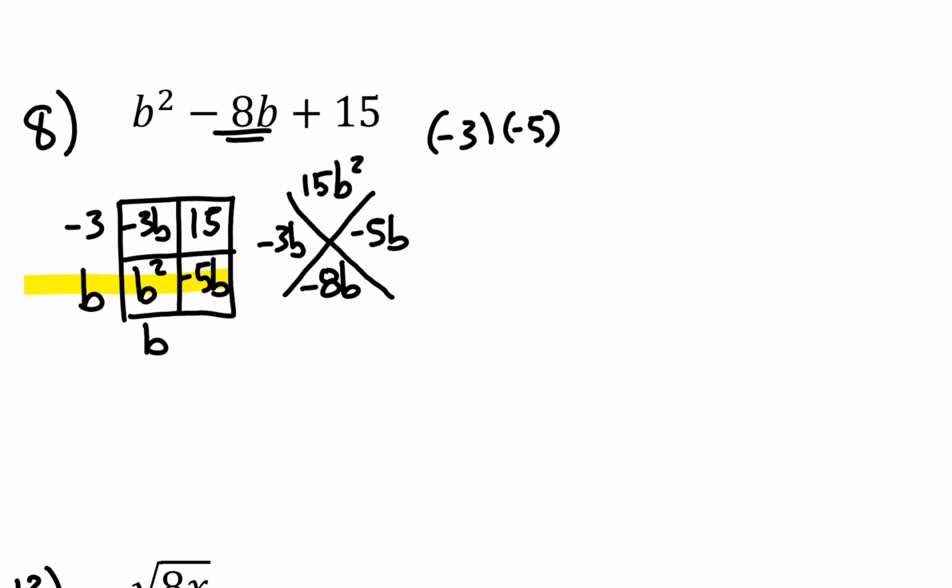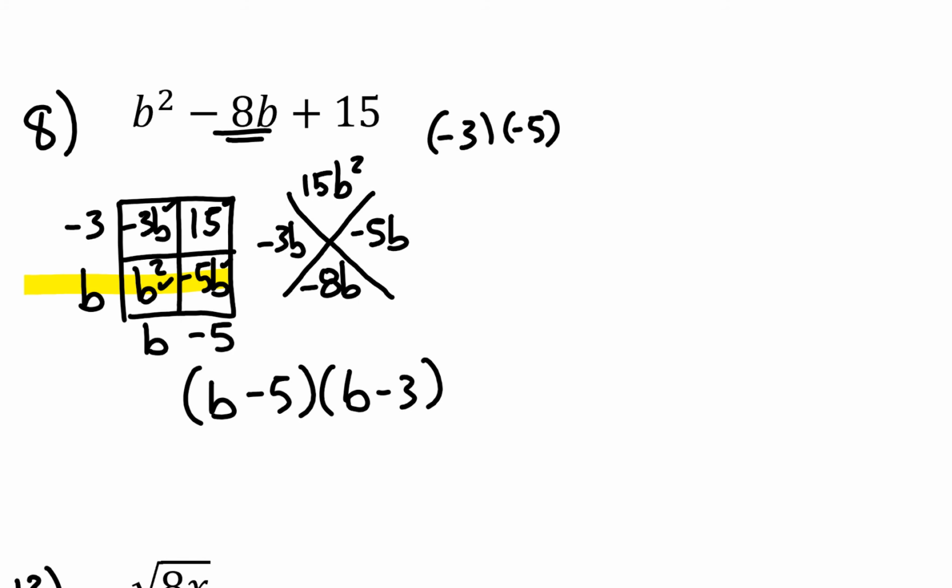And if that's b, this ends up having to be the negative 5. And everything checks, right? You can see I've got b times b is b squared. I've got negative 5 times b, negative 3 times b, and negative 3 times negative 5 is positive 15. So the factored form of this would be b minus 5 times b minus 3.